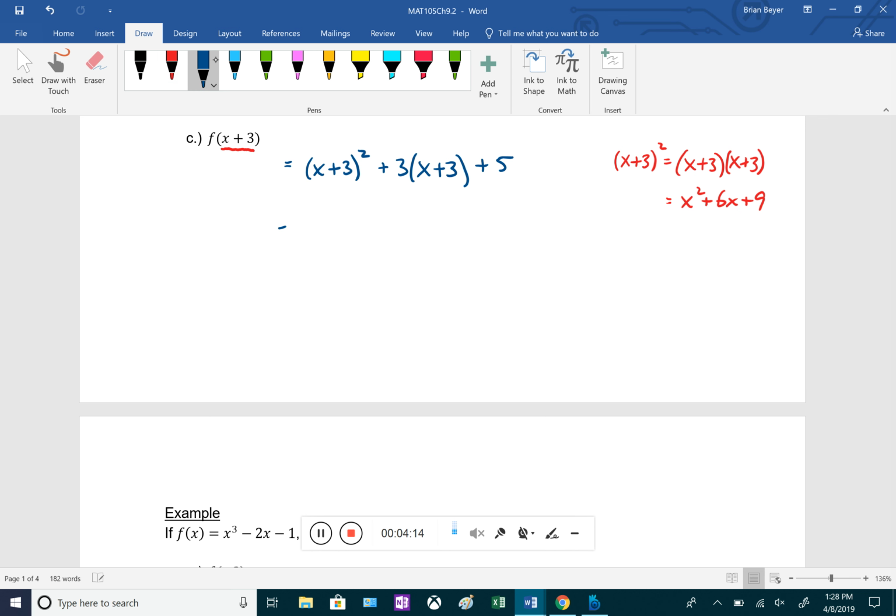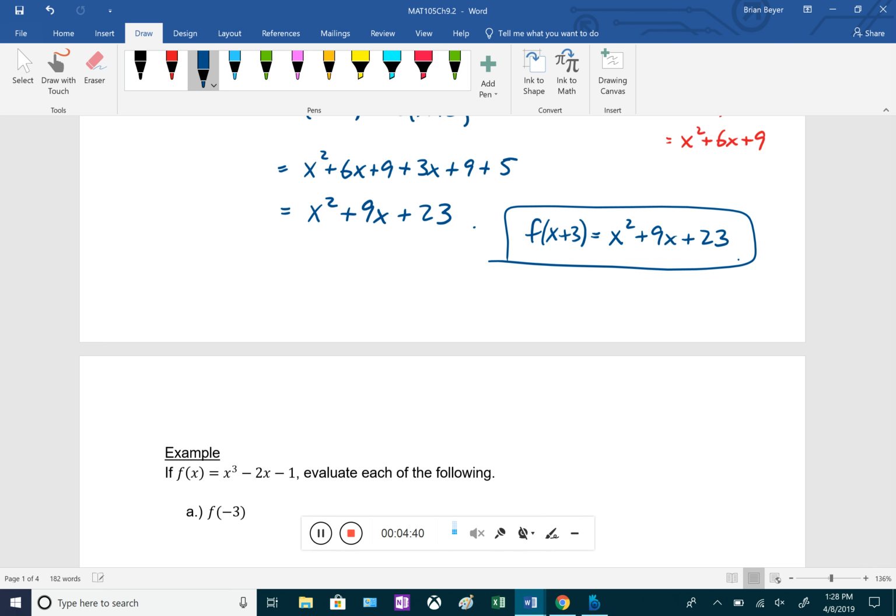So that whole first portion becomes x squared plus 6x plus 9. Distribute that 3, we get 3x plus 9. And then plus that 5. Combine like terms, we get x squared plus 9x plus 23. And that is our f of x plus 3.